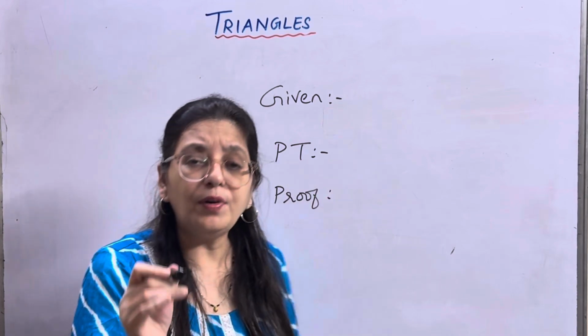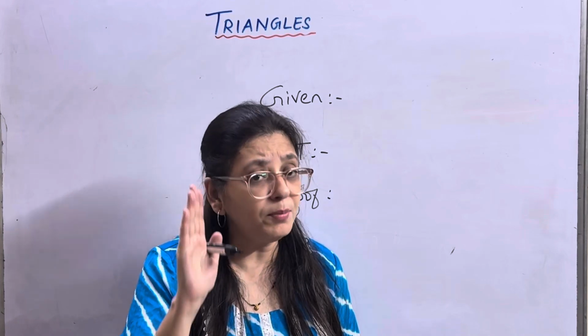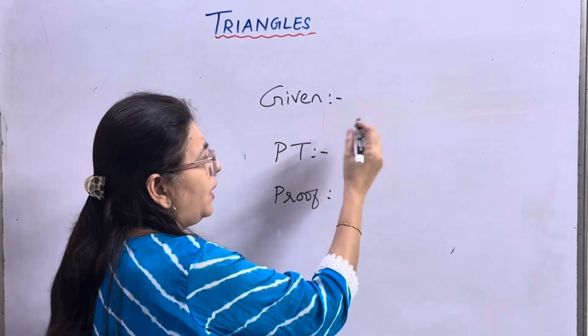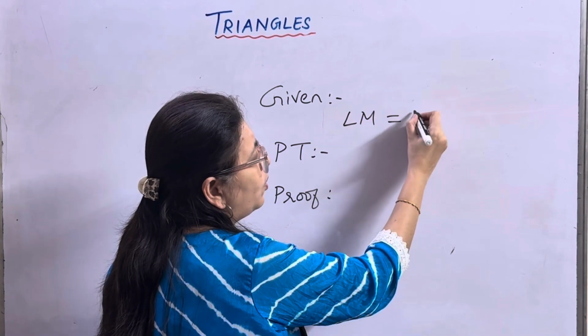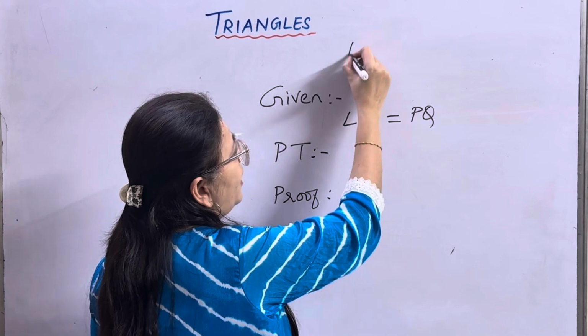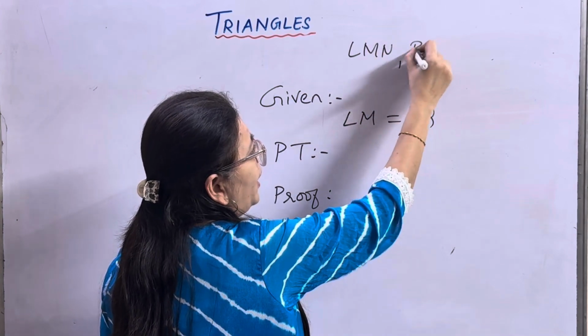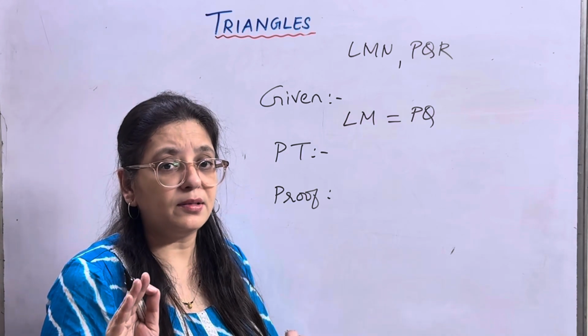Now, whenever you want to prove, you need two triangles. I am giving you the hint. Say for example, in the given one, it is given LM is equal to PQ, and the triangles are LMN and PQR. Now, how do you name the triangles?